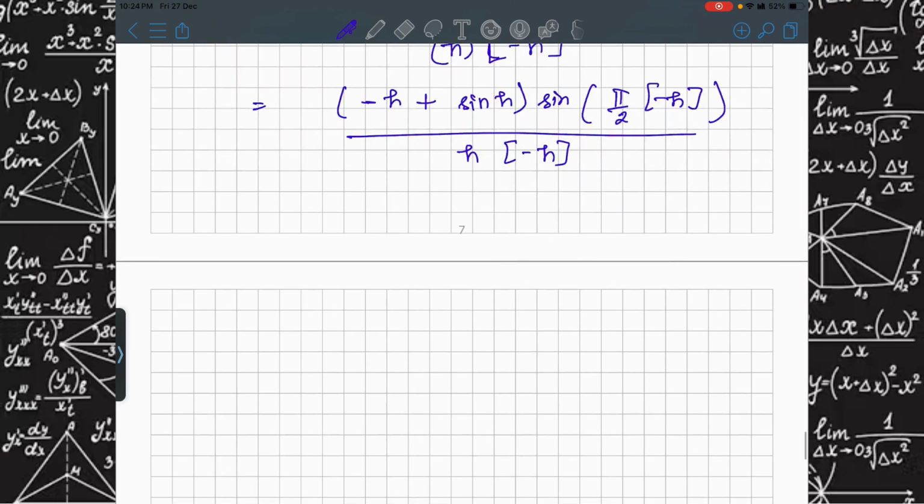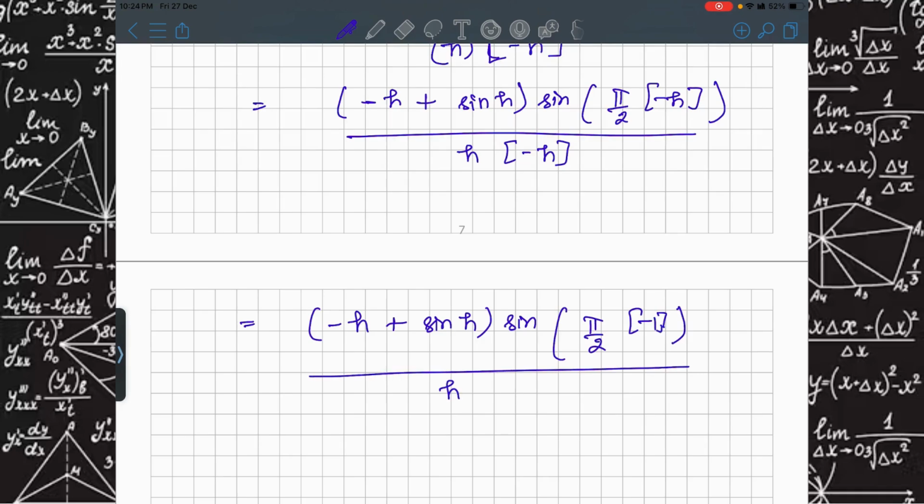Okay, so now let's simplify it further. Minus h plus sine of h into sine of pi by 2 into minus 1, divided by h of minus 1.